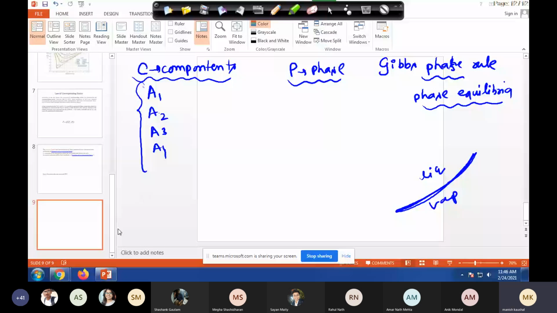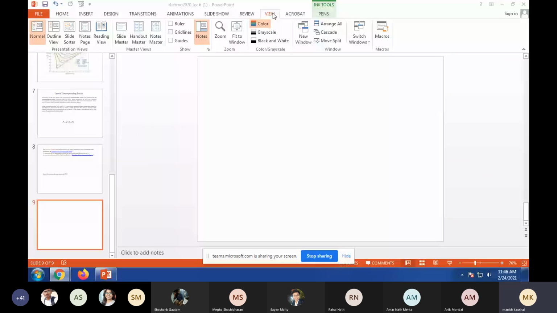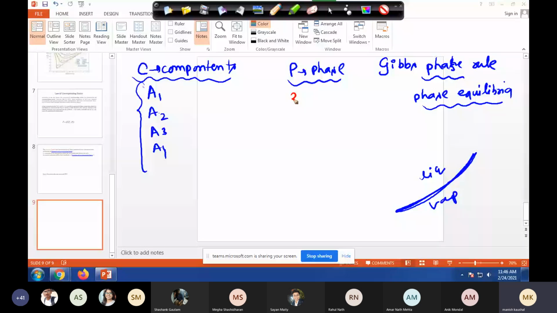Why 3? Liquid and vapor, right? I'm saying not at triple point. Okay, only 2 phases. Only liquid and vapor are the phases existing. So 2 phases for each component. Fine. Okay.